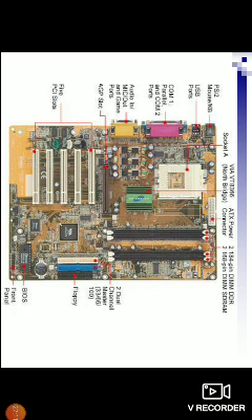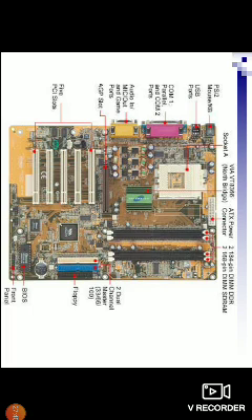So this is the motherboard. Let's identify the different parts of a motherboard. From the left onwards, the first one is the PS/2. This is a mouse connector or keyboard connector, used to connect old version mouse or keyboard.